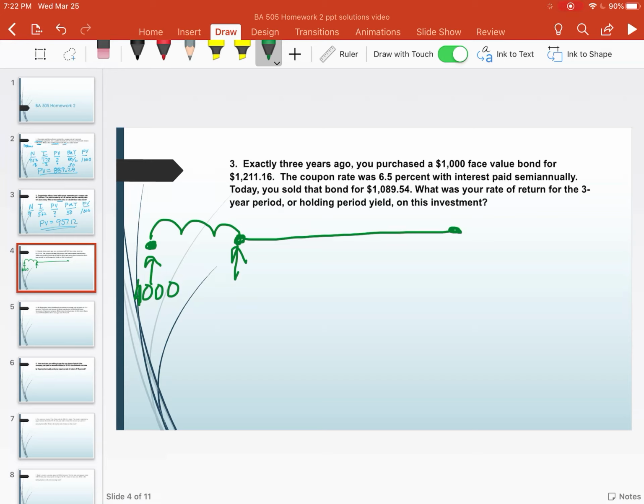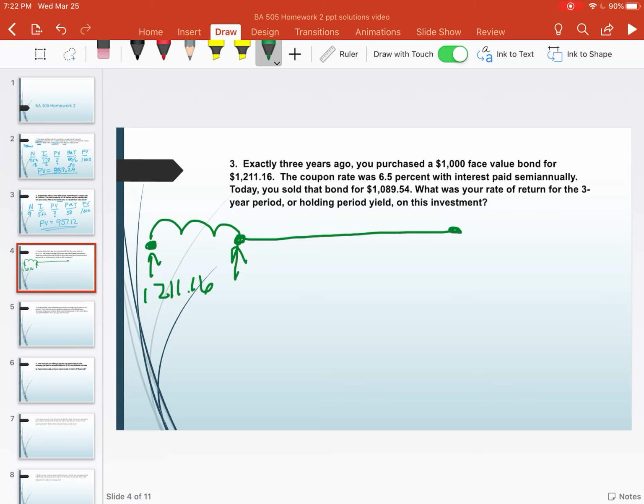I'm sorry, we bought a $1,000 bond, but we only paid $1,211.16 for it. So $1,211.16 is what we paid for it.